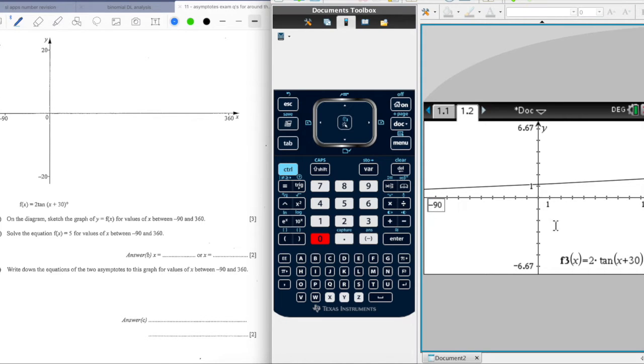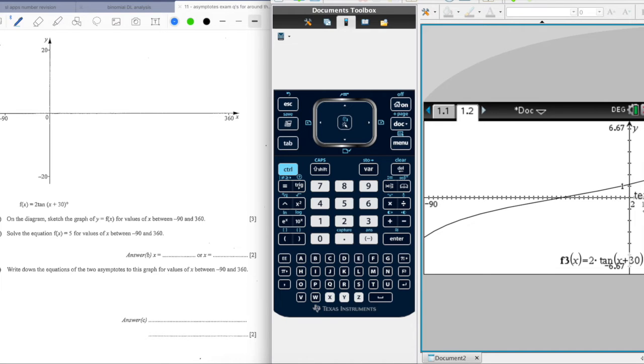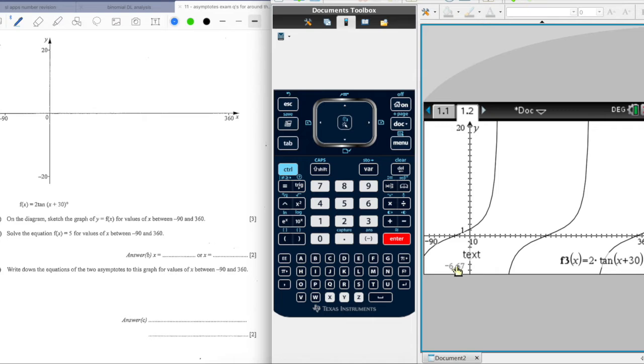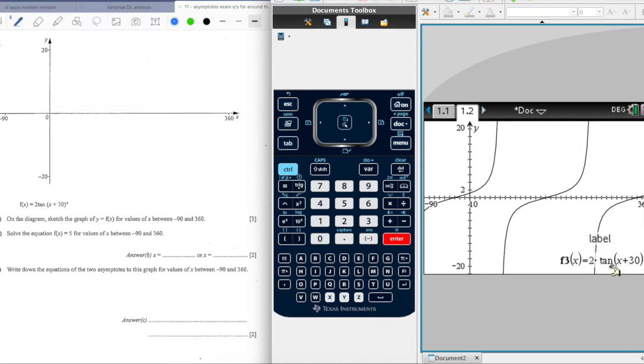So if you double click the end of the axis, that will change it, and through to 360. And then we should have from 20 to -20 on the y-axis.